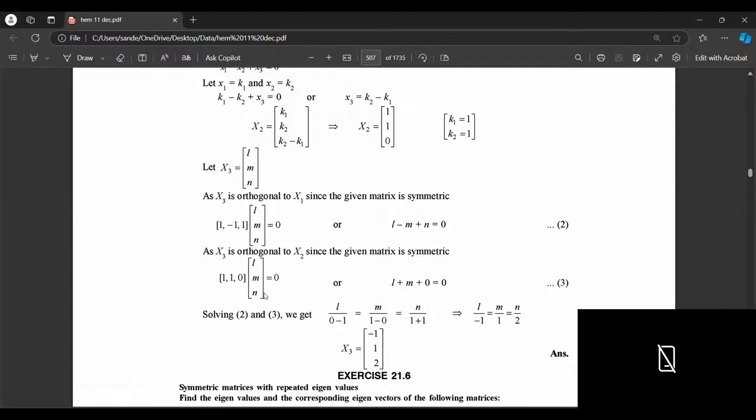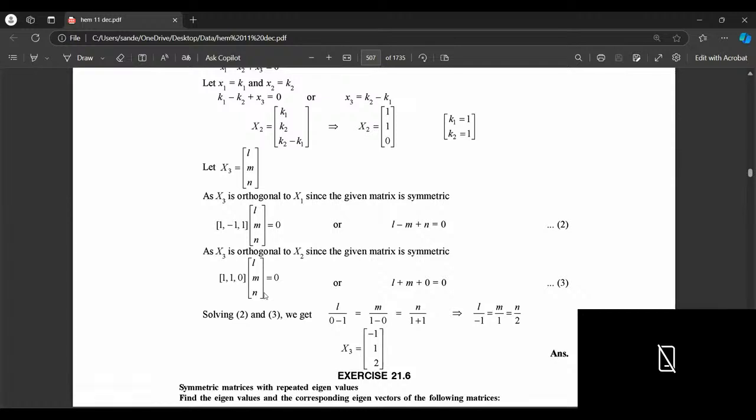And the procedure is different for a symmetric matrix with repeated roots. For a symmetric matrix with repeated roots, the first eigenvector you can find for the different eigenvalue. Then for the second eigenvector for the same eigenvalue, you adopt the same procedure as in a non-symmetric matrix with repeated roots.